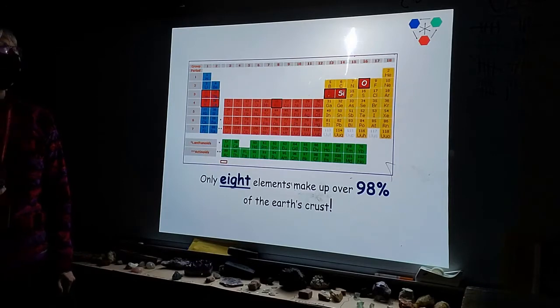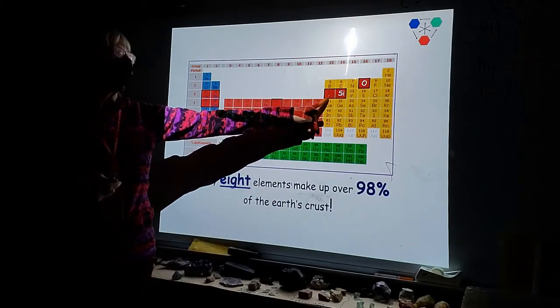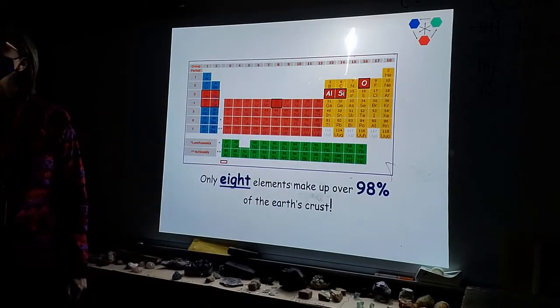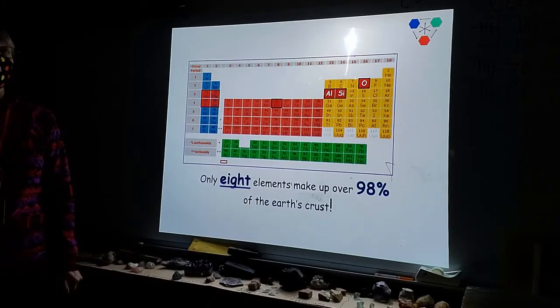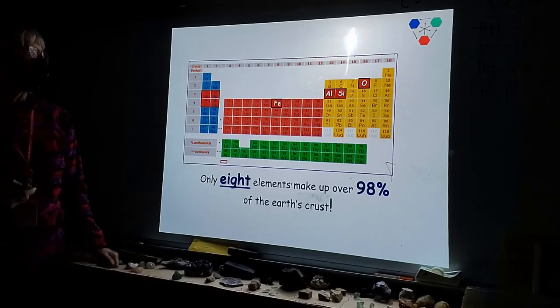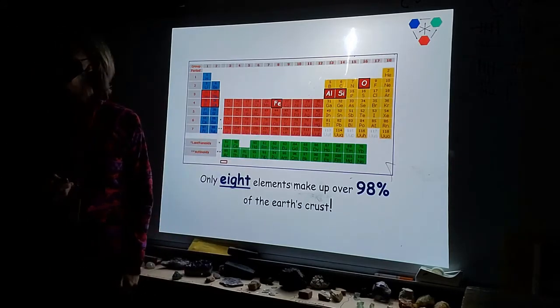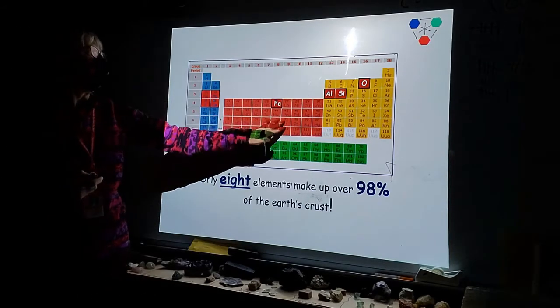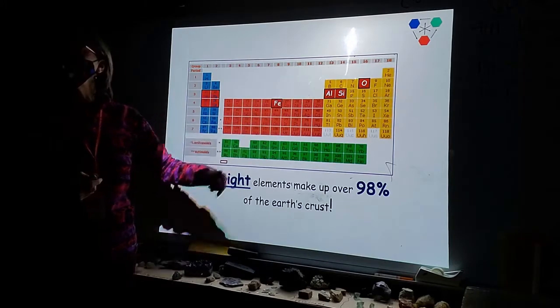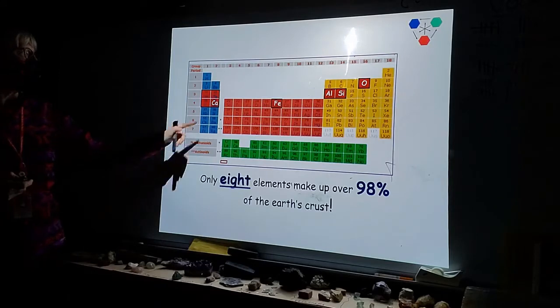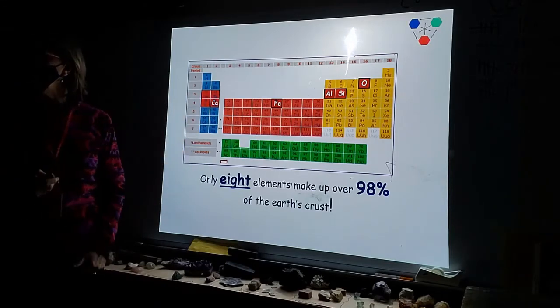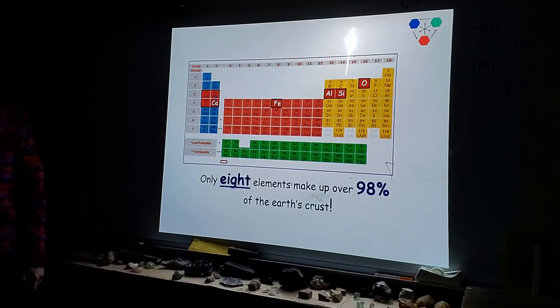The next one is aluminum, capital A, small l. This will be on your take-home test. The next one is iron, capital F, small e. This comes from the Latin or Greek, I can't remember which, ferrous, capital F, E, iron. The next one is calcium, capital C, small a. Think calcite, right? Calcium carbonate.